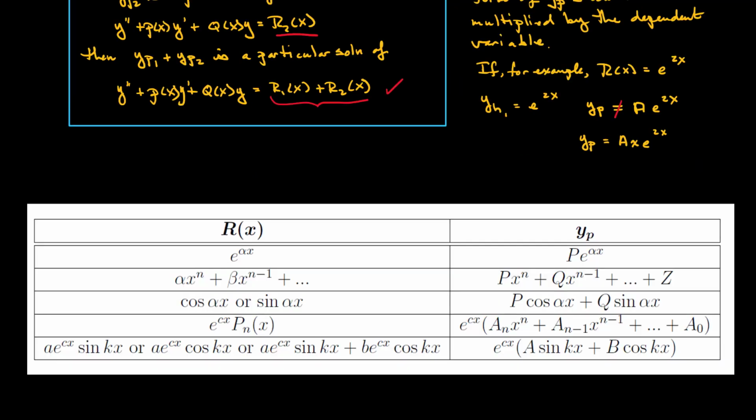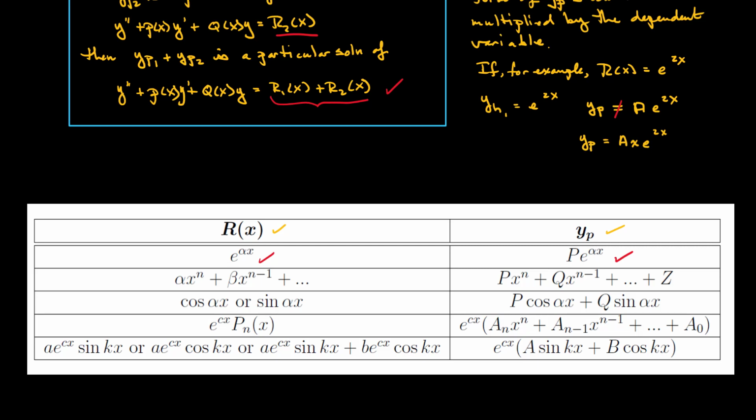Before we wrap up, I'm including this useful table of particular solutions, yp, that can be used for a given r of x, a non-homogeneous term on the right-hand side. So if we encounter an r of x that is a simple form such as exponential form, then we can propose a particular solution of the form given here, p multiplied by e to the alpha x.